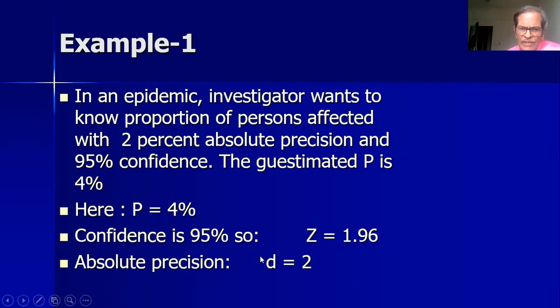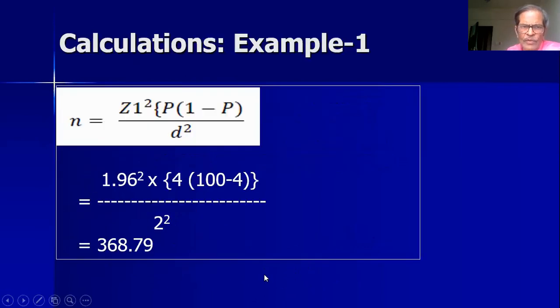So D here is 2, because this is in percentage, so this is also in percentage. If this is mentioned as 0.04 instead of 4%, then this would be 0.02. So this is put in this equation. So Z is 1.96, so 1.96 square into 4 into (100 minus 4) divided by 2 square. So 368.79.